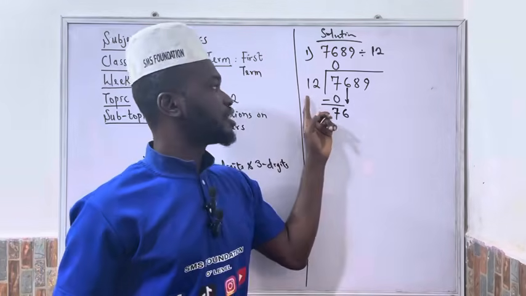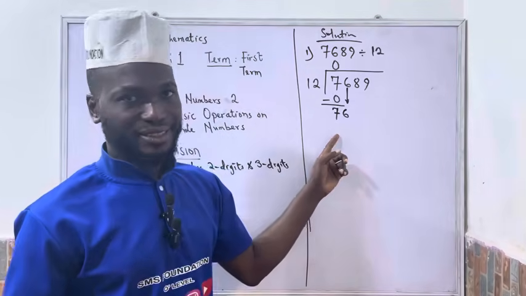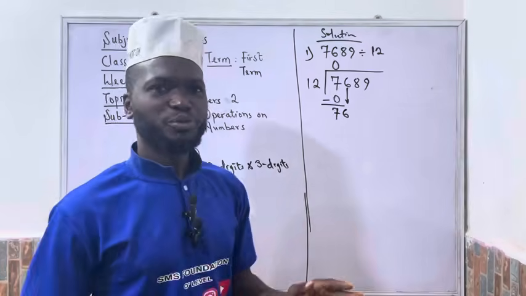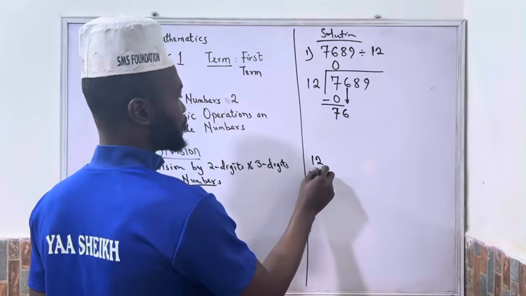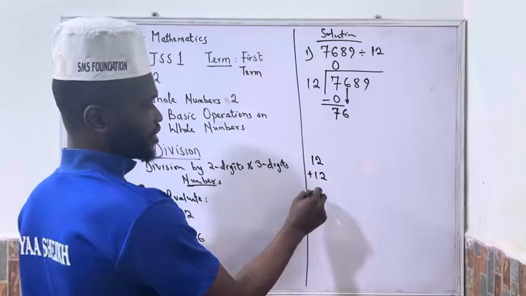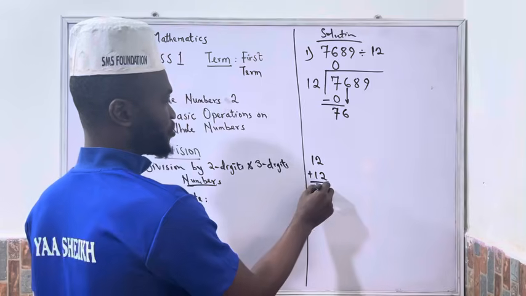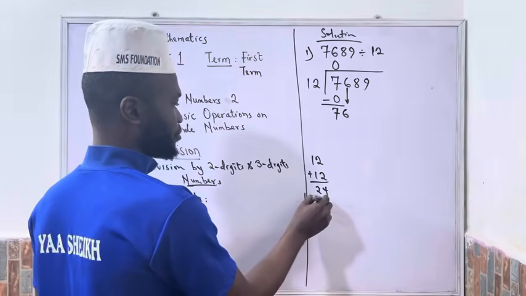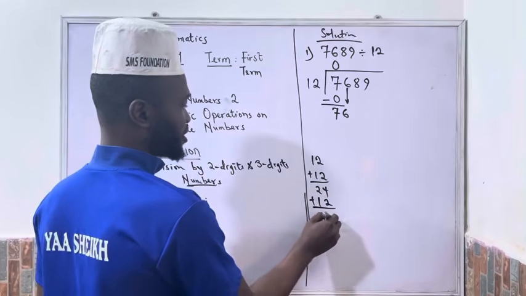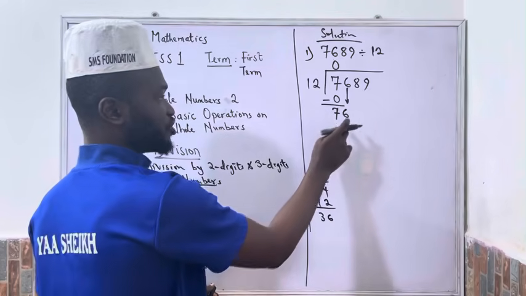Now, how many times can 12 go in 76? If you don't know the 12 times table, don't worry yourself. Just do 12 plus 12. This is twice already, so that's 24. Plus another 12, that will give me 36. This is still not up to 76.